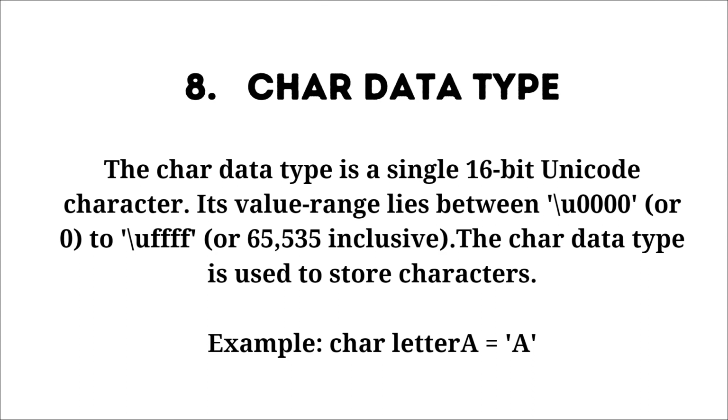Its value range lies between this and this, which includes 65,535. The char data type is used to store a character. If you want to store any character like A to Z, or anything in between, you can use char.